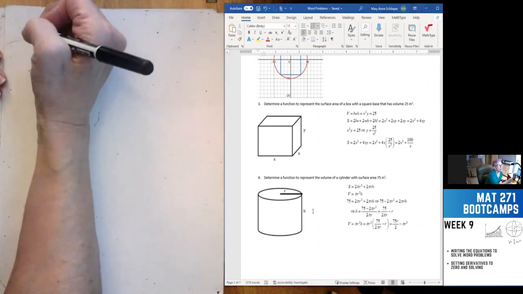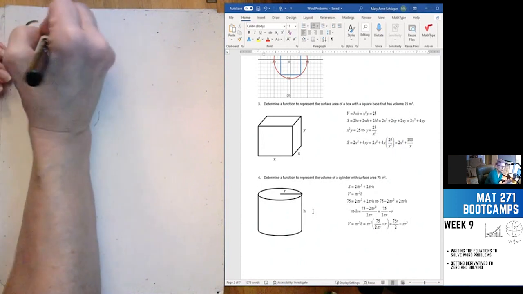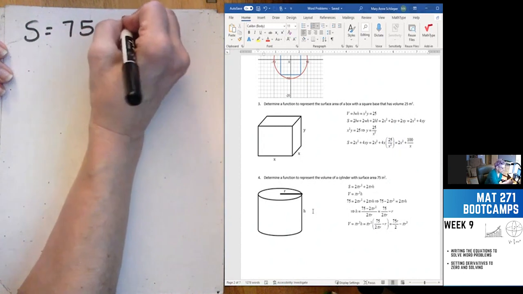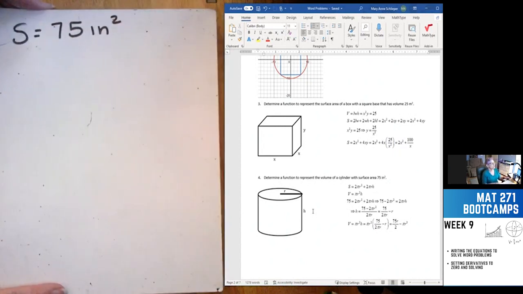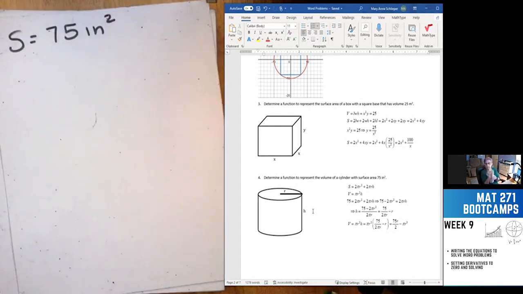We want to determine the volume, and the surface area is given to us. This time it's 75 square inches. Surface area of that cylinder, well, is kind of like this. You take a rectangle and spin it around.